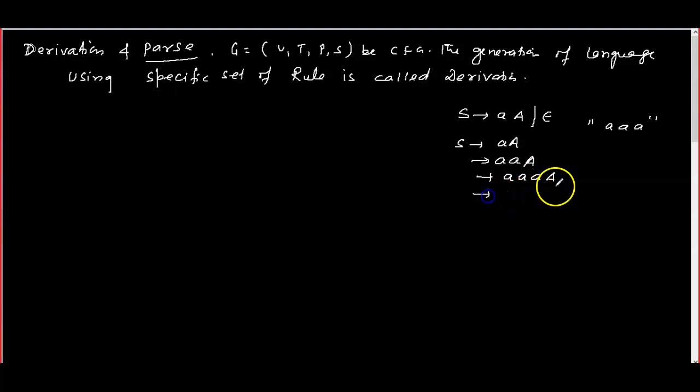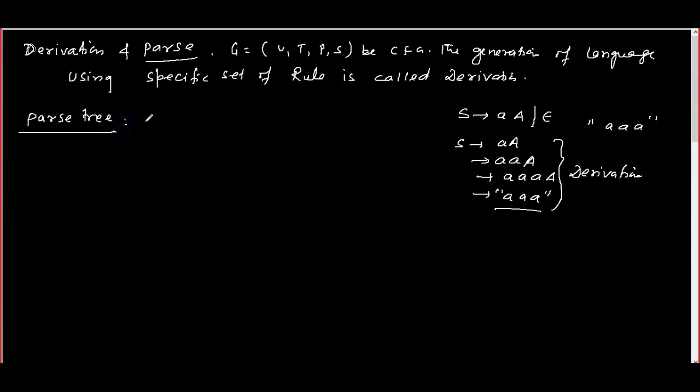Now we already got triple A, so to end it, in the place of the non-terminal A we put epsilon. So this is all called derivations. All the steps which you are doing to derive the string are called derivations.